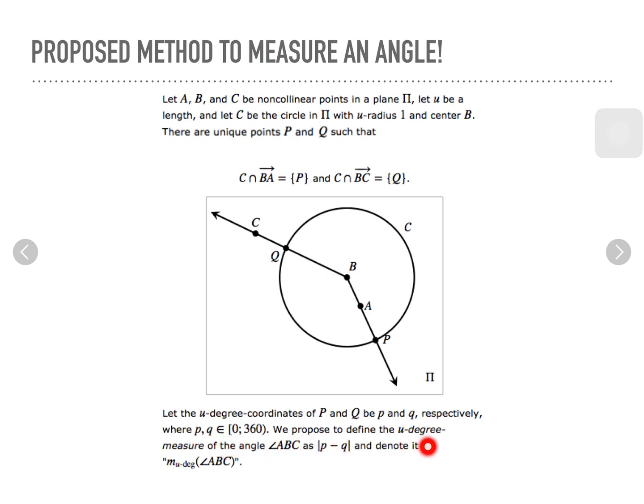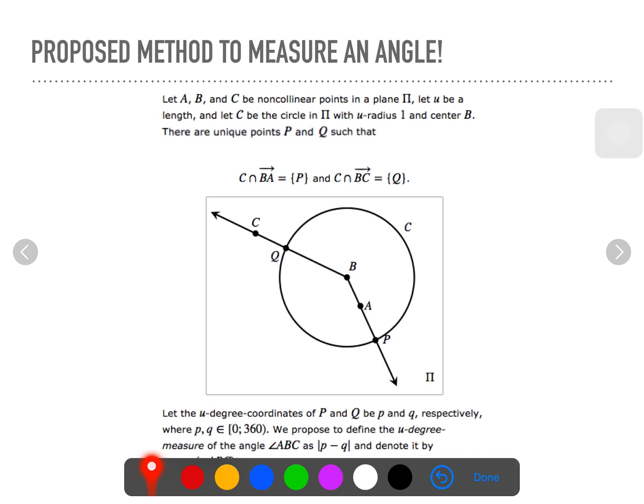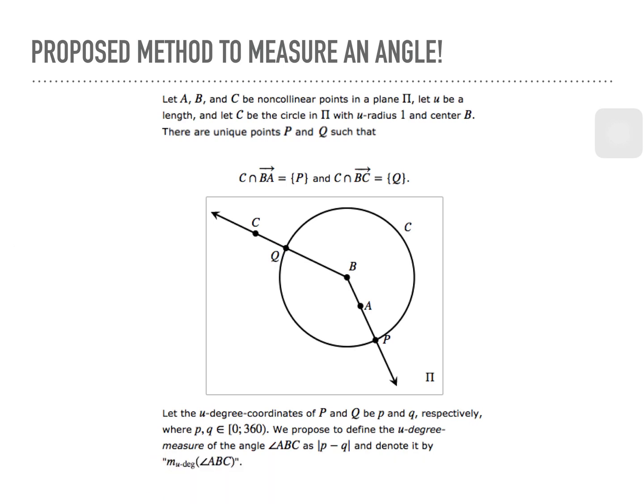We propose to define the U degree measure of the angle ABC as the absolute value of the difference in the coordinates. And we're going to denote it by M sub U DEG of angle ABC. We would read that the measure of angle ABC in U degrees.